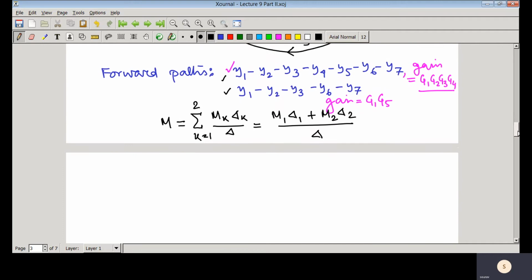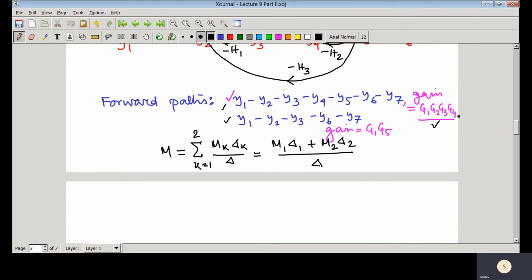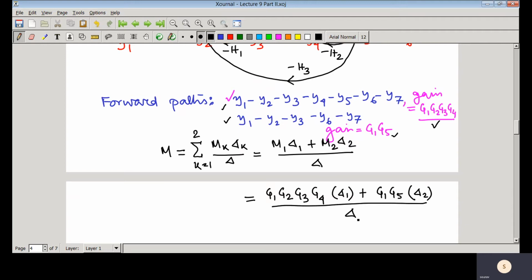The first forward path gain is here, so we can write G1, G2, G3, G4 into delta 1. And what is the gain of the second forward path? That is G1, G5 into delta 2, divided by this delta.